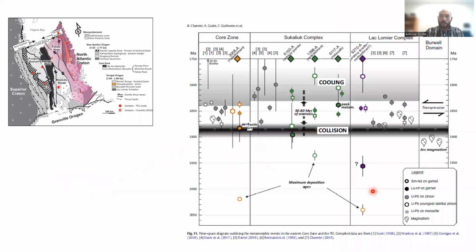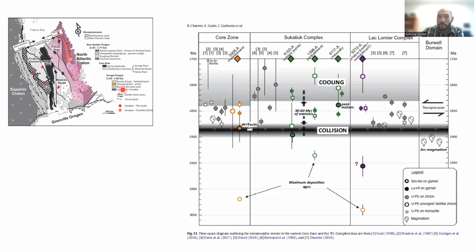So it was the two samples we just looked at, these ones. And if we look at the samples that were selected in that part of the core zone, this is the work from Benoit Charette, who did the master thesis with Carl Guillemette. And we obtained the same age. We have garnet growing in all these blocks at 1885, 1890.